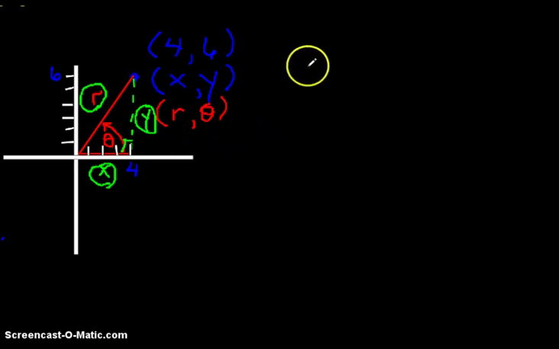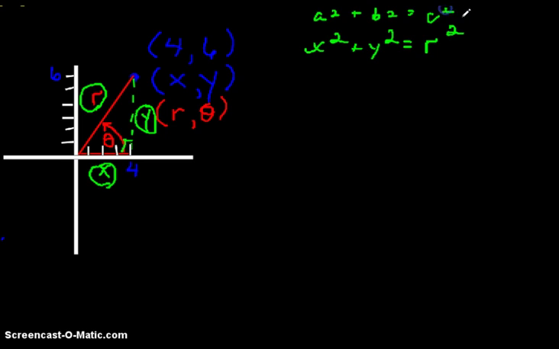The Pythagorean theorem then would be x squared plus y squared, that's our a and our b, equals r squared. And that would be our c. I'll just write it up here. This is what we're normally used to seeing: a squared plus b squared equals c squared.